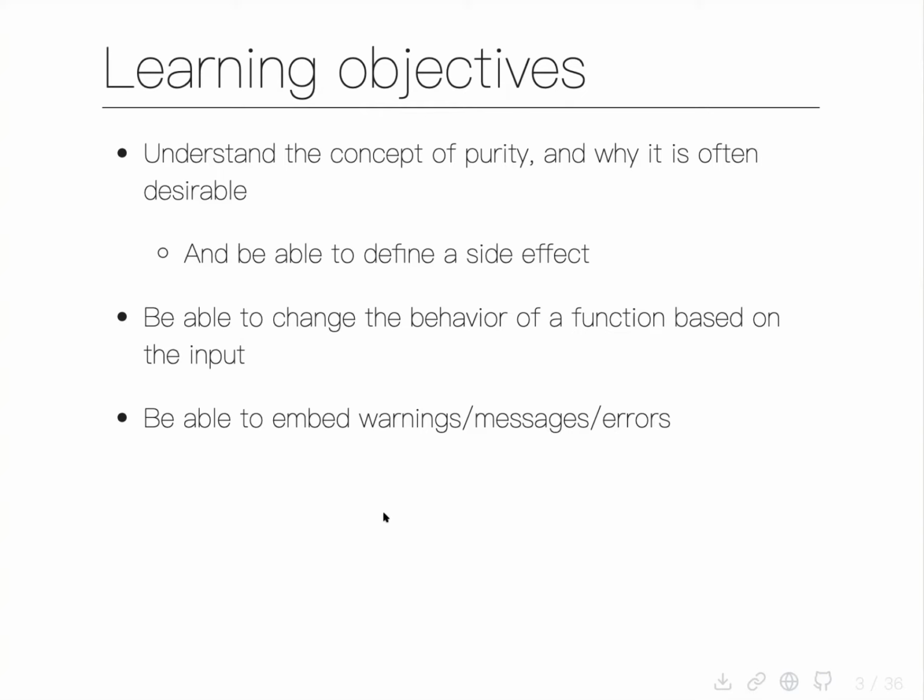And then hopefully by the end you feel more comfortable with the idea, even if you're not super confident about just doing it fluently, hopefully you understand the idea of how you would change the behavior of a function based on its input. Okay, so if it's numeric, maybe you do one thing. If it's not, you do something else. If this argument in your function is true, you do one thing. If it's false, you do something else, etc. Okay, and then be able to embed warnings, messages, and errors.